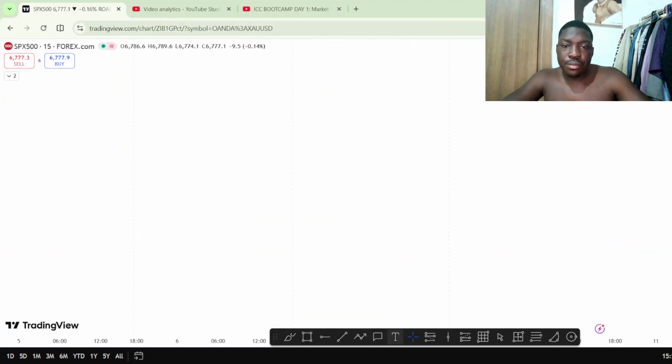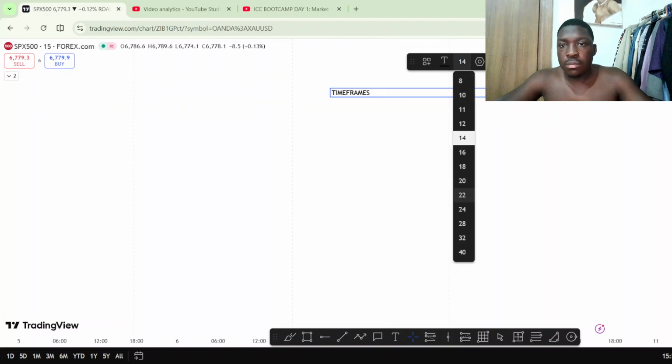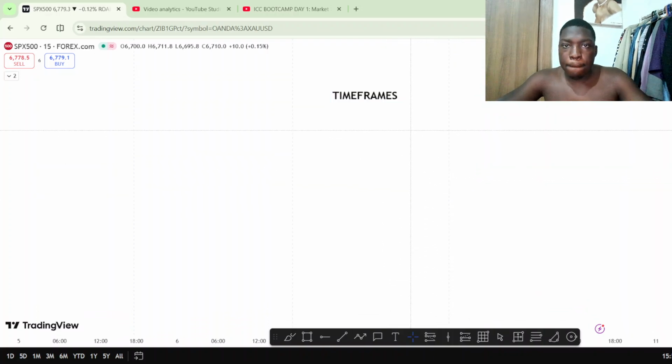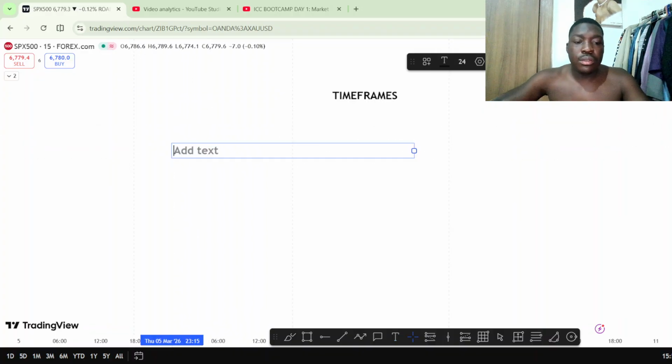Time frames. Like I said, I trade only the higher time frames.